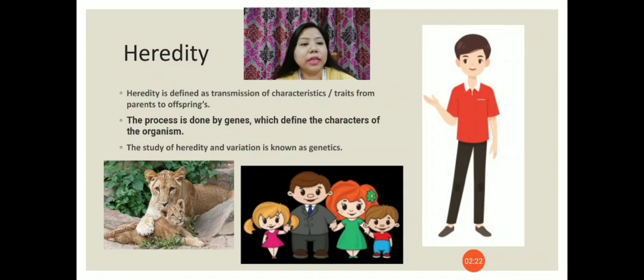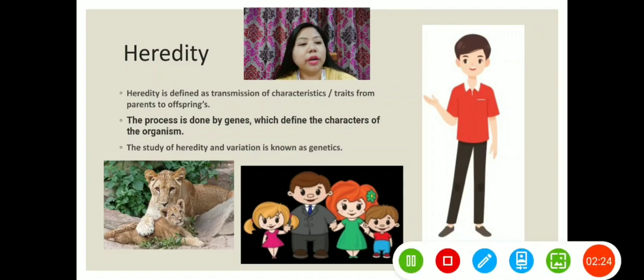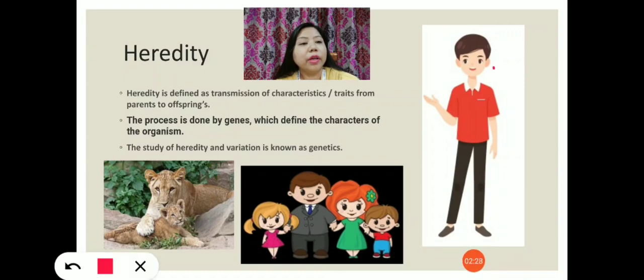Now you can see in the picture that a human has characteristics like 2 ears, 2 eyes, 1 nose, and 2 hands, 10 fingers, 5 in each hand. So these are the traits of a human.